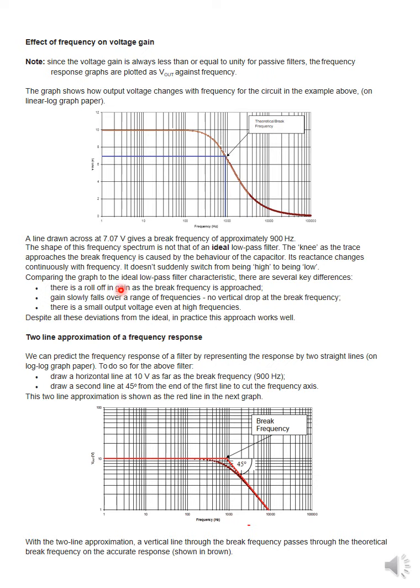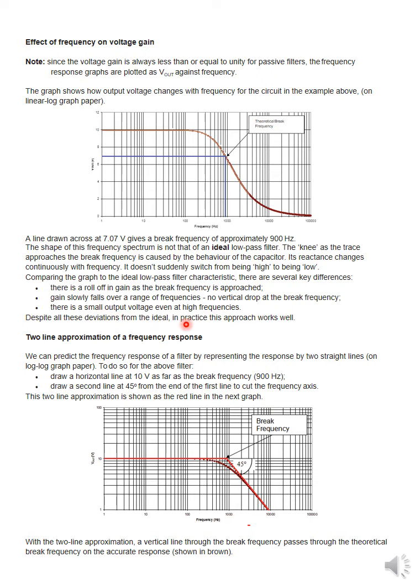Okay, so the ideal graph is also compared with it. There is a roll off in gain as the break frequency is approached. Gain slowly falls over a range of frequencies. There is no vertical drop at the break frequency, so it's not dropping like this directly from here to here. It's dropping in the form of a hyperbolic kind of curve.